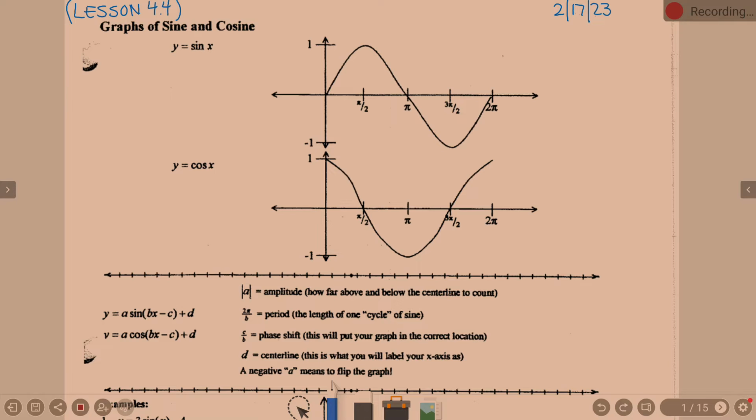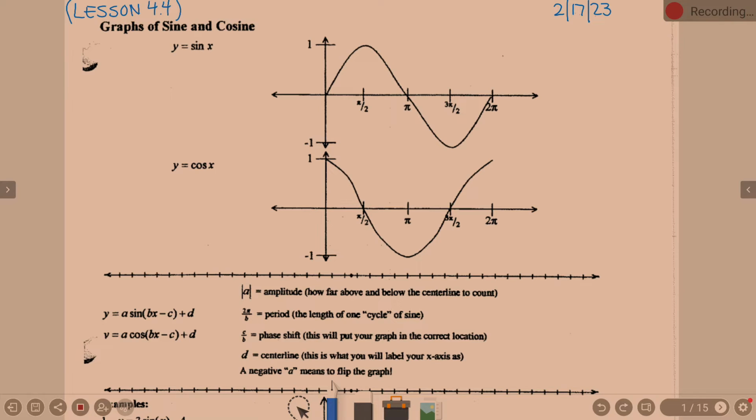Now, cosine. Do you guys remember looking at sine and cosine graphs on the calculator? They both went up and down, right? And they were all very much the same, other than one was shifted sideways from the other, right? So this is just a different piece of the graph.